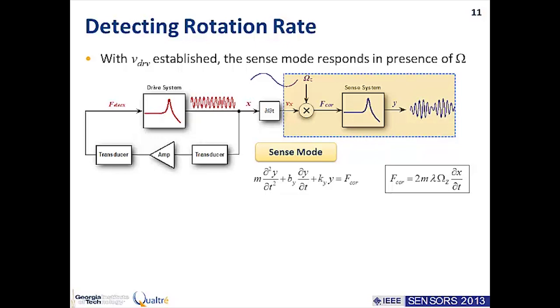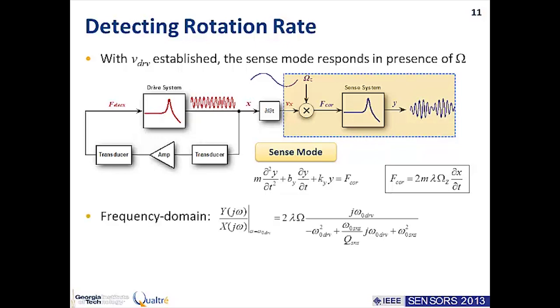So now, if we take a look at the ratio of our sense displacement per unit of drive displacement, which is actually a very good metric to see how good of a gyro we have, because this basically tells us how much energy from my drive mode is actually going into my sense mode per unit of rotation rate.